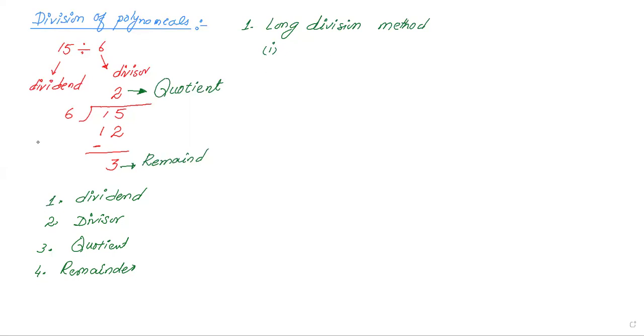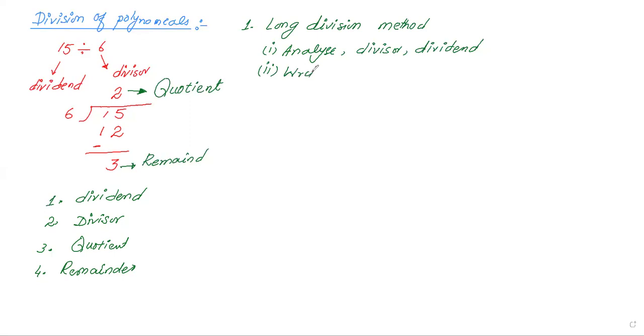The first step is to analyze the dividend and divisor. You have to decide which term is the dividend and which term is the divisor.